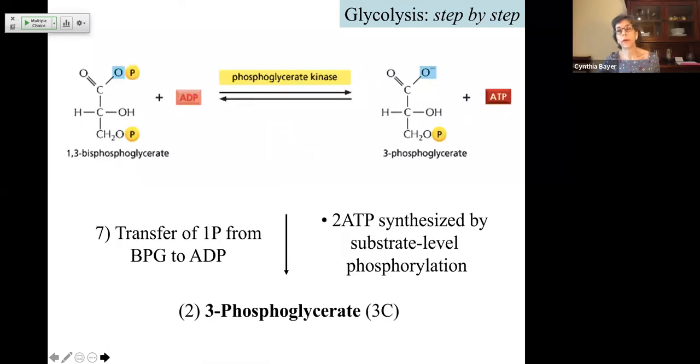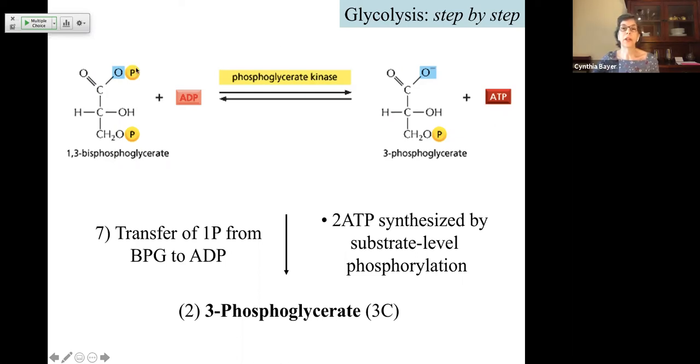Now we're going to start generating some ATP. What we're going to see is this kinase, phosphoglycerate kinase, will transfer this phosphate from this high energy anhydride bond and transfer it to ADP to form a different anhydride bond of ATP.